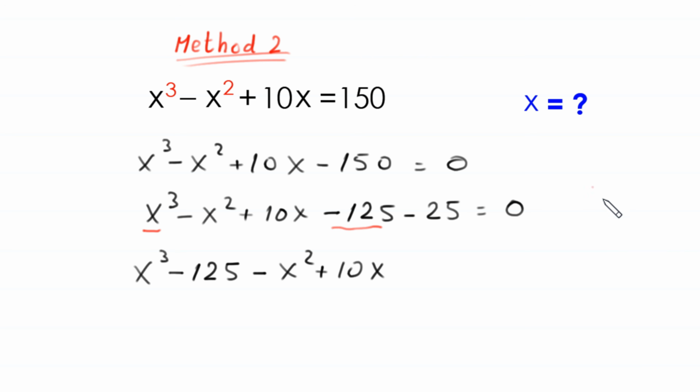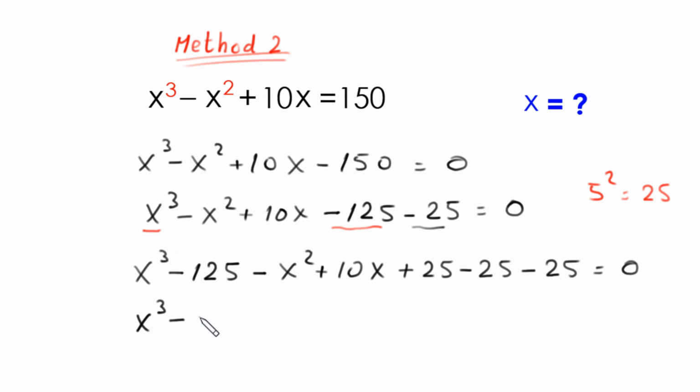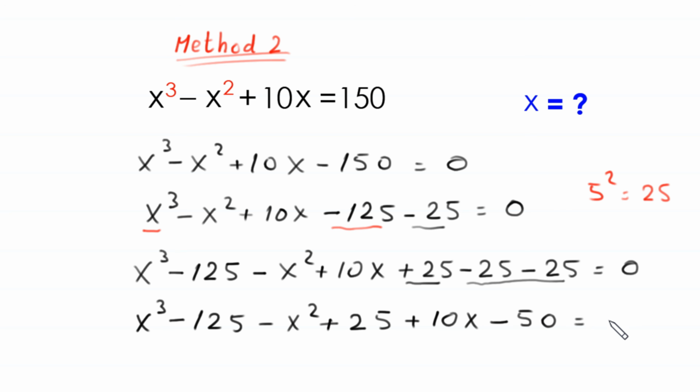Since 5 squared equal to 25, so in this expression we add 25 and we subtract 25, and this negative 25 equal to 0. Next, x cubed minus 125 minus x squared, we write this 25 here plus 25 plus this 10 times x, and negative 25 minus 25 will become negative 50 equal to 0.